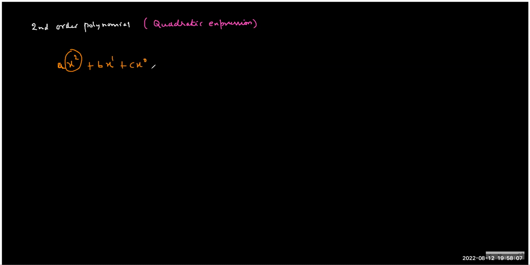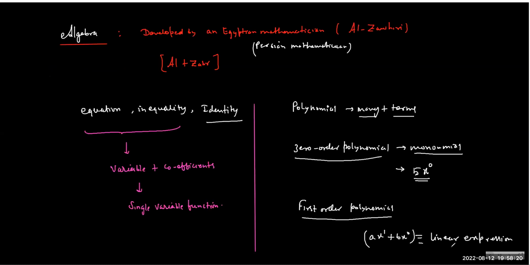I cannot take negative power, so I will not go further. And this entire term we call a second order polynomial if a is non-zero. There is no condition on b. b may be 0, may not be 0. It really doesn't matter.